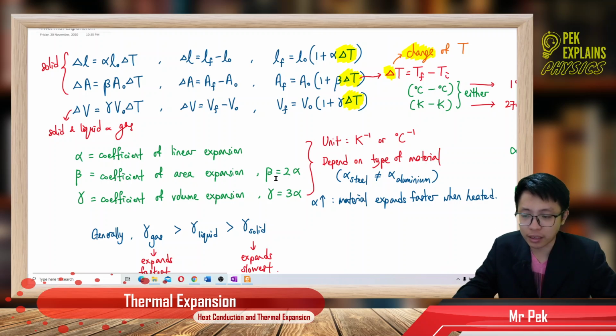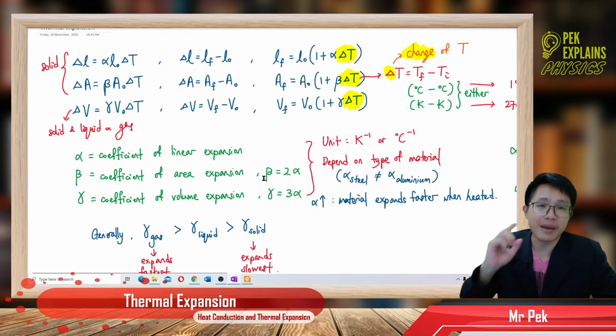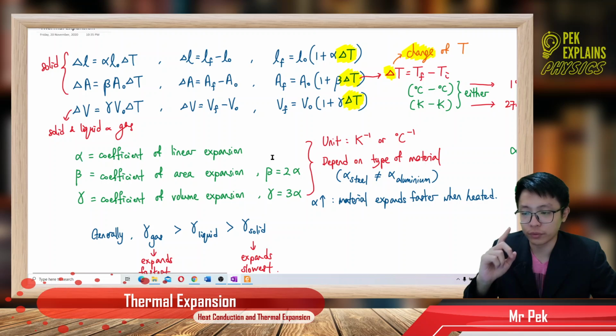And how do we get beta? If it is not provided in the question, if the question only provides alpha, the coefficient of linear expansion, but the question is about area, then we need to find beta. We can find beta by 2 alpha.